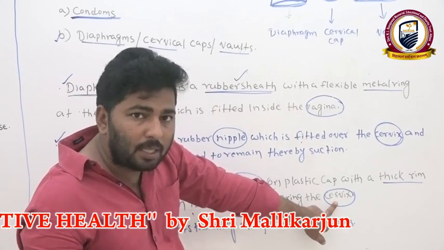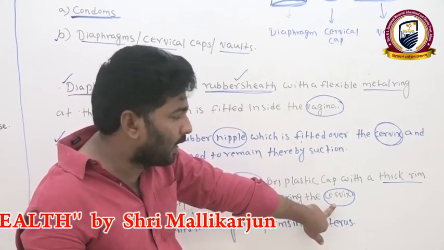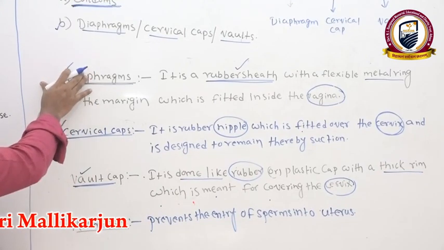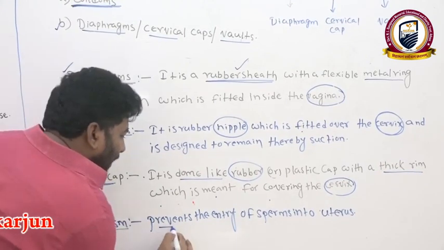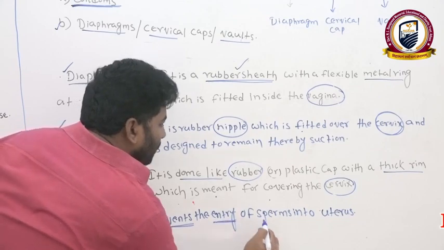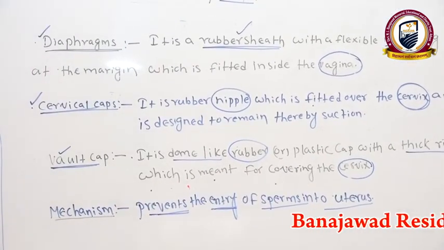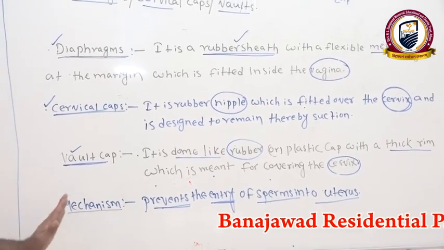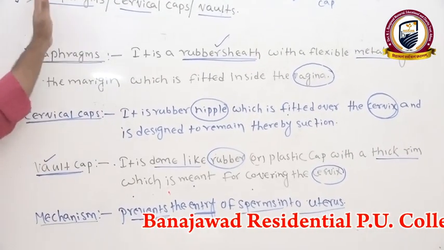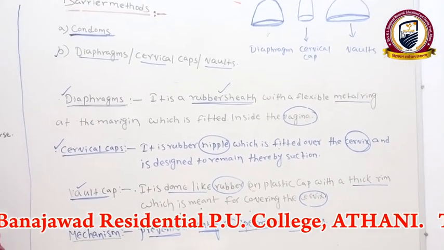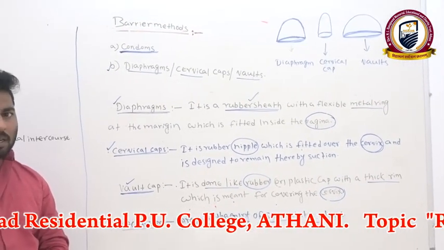And the mechanism of action of these three is to prevent the entry of sperms into the uterus. This is the mechanism of action of diaphragms, cervical caps and Volt caps. Are you understanding? Okay, clear?